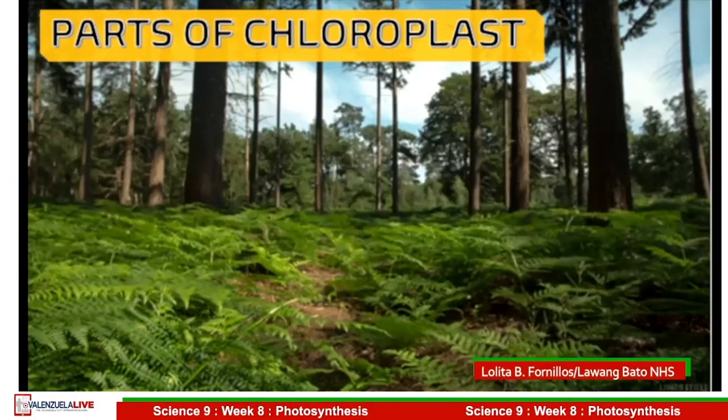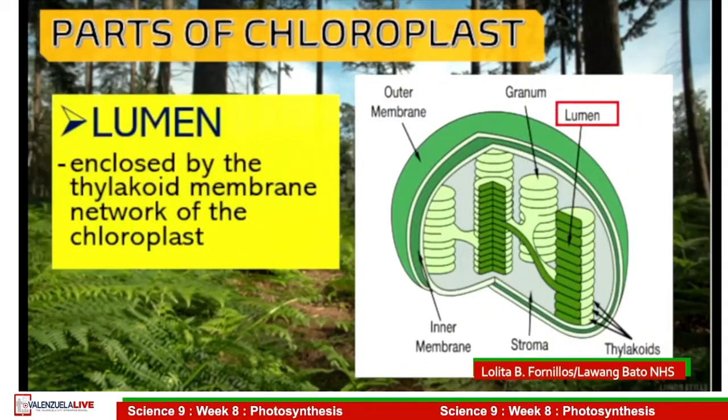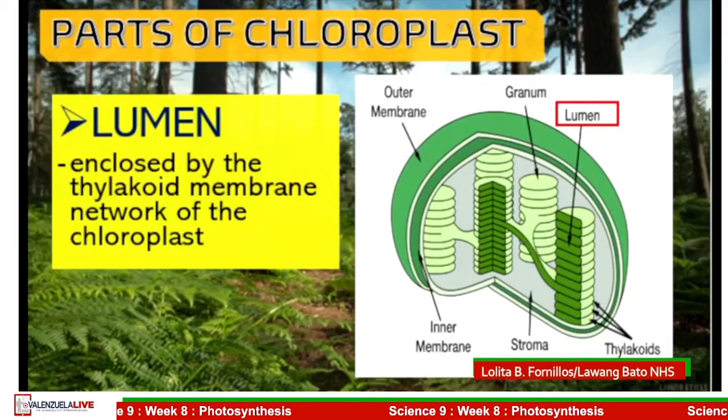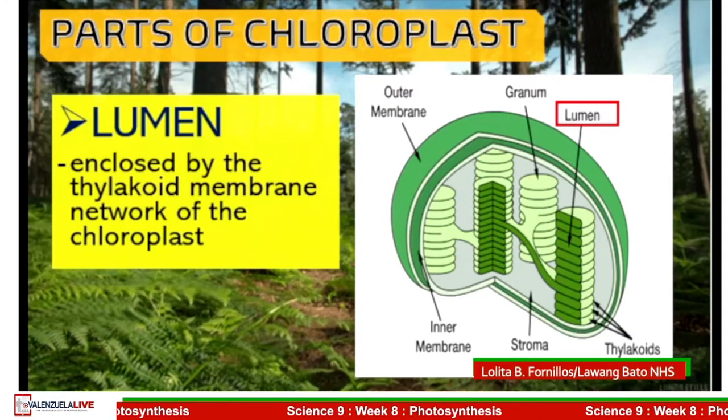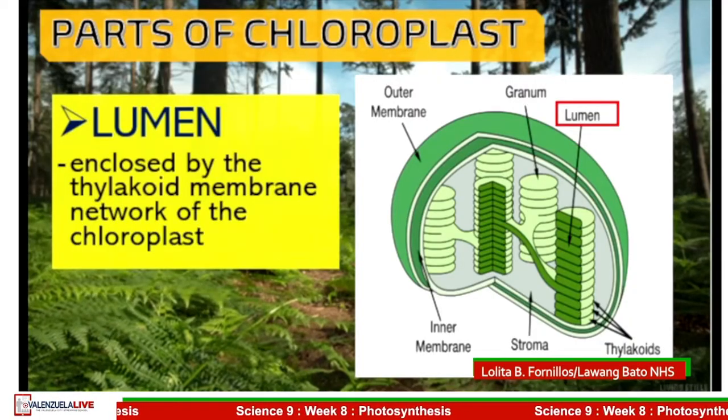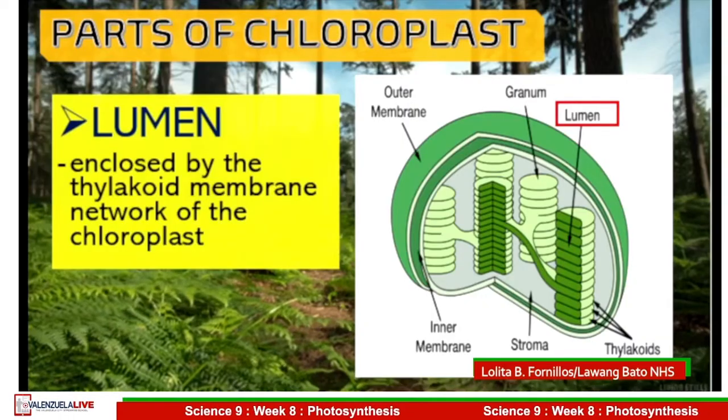The last is the lumen, which is enclosed by the thylakoid membrane network of the chloroplast. It is the compartment where molecular oxygen is produced from water during photosynthetic light-dependent reactions. Those are the parts of the leaf and chloroplast.